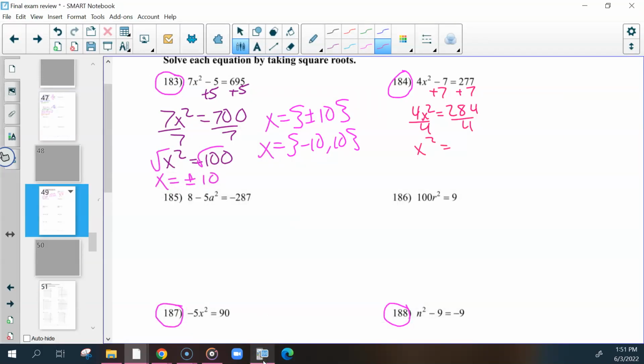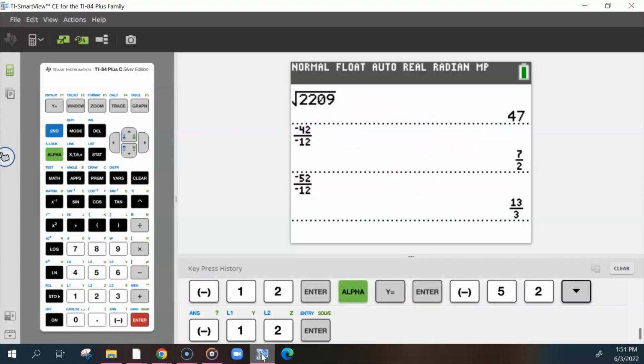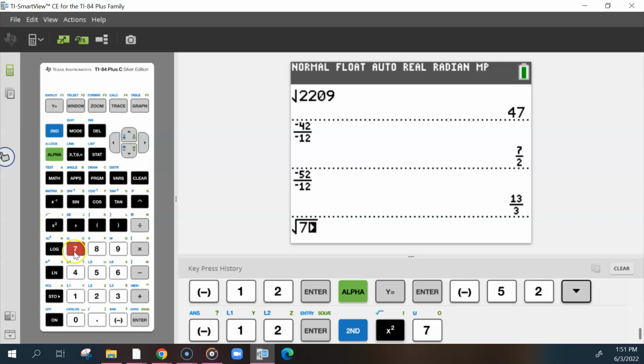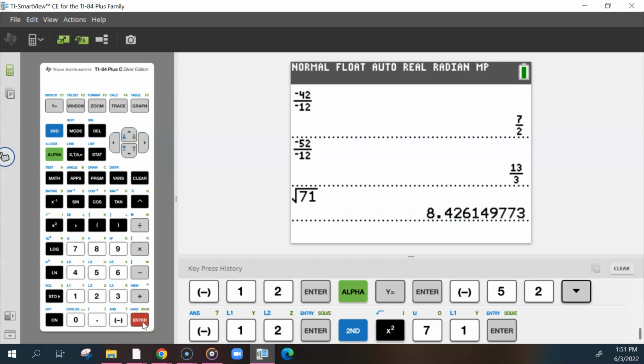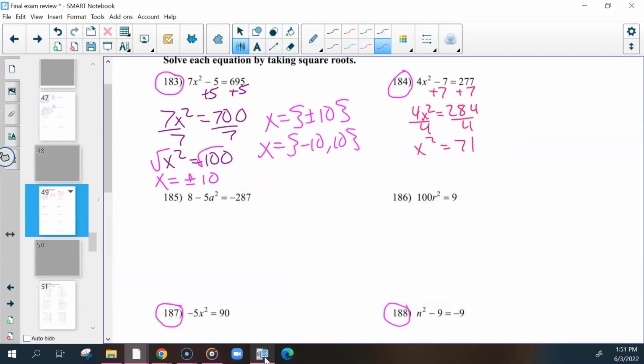If you aren't sure if this is a perfect square or not, take the square root of this into your calculator. So second x squared would give us our square root. This is not a perfect square. So I would just leave it as the square root of 71.